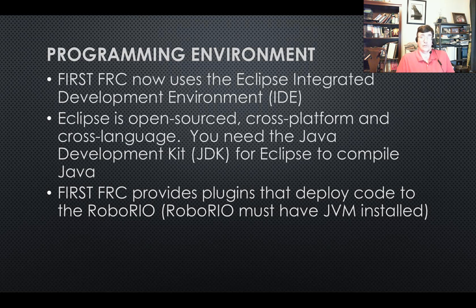The actual execution of your code requires a Java virtual machine be installed on the RoboRio. So when you check that box, what you're actually doing is making sure you install the Java virtual machine on the hard drive of the RoboRio. The RoboRio has a small solid-state hard drive that lets it install all of these files.